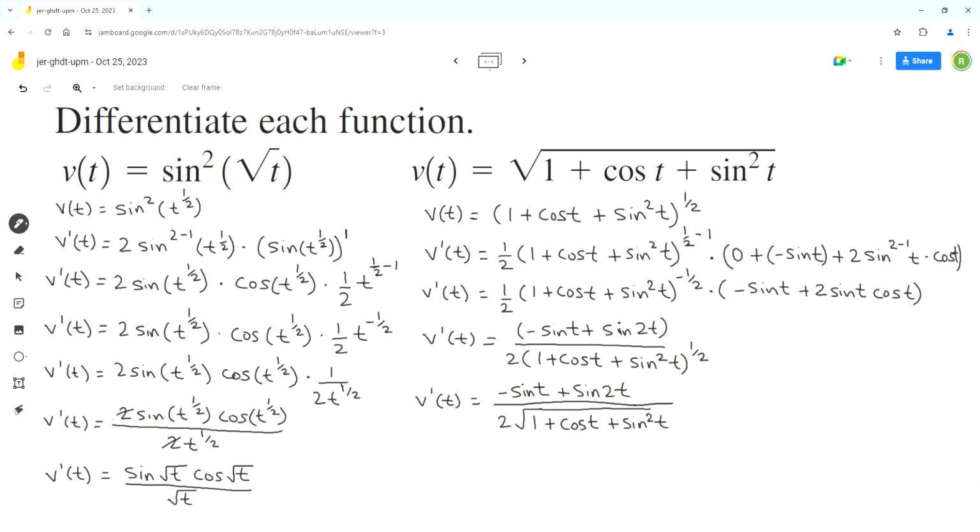So this can be the final answer for the derivative of this second function v at t. So these are the steps you have to keep in mind to solve a problem like this one.